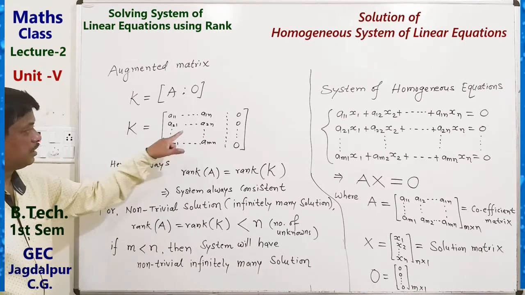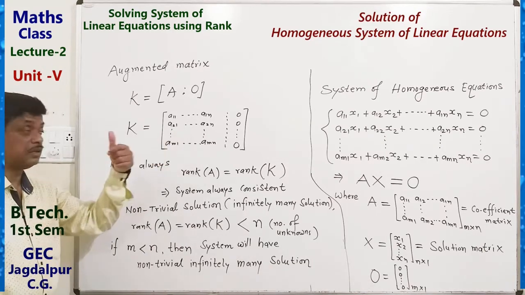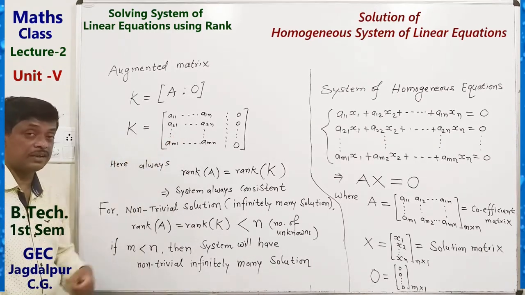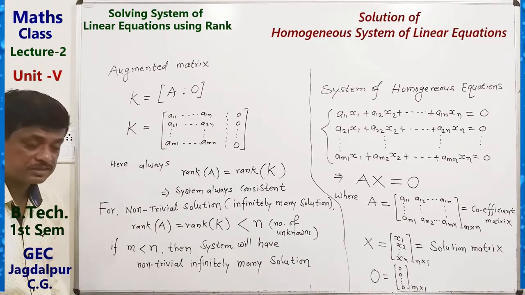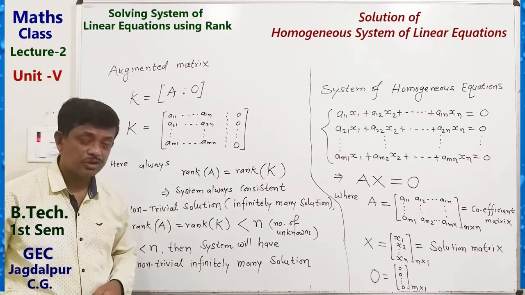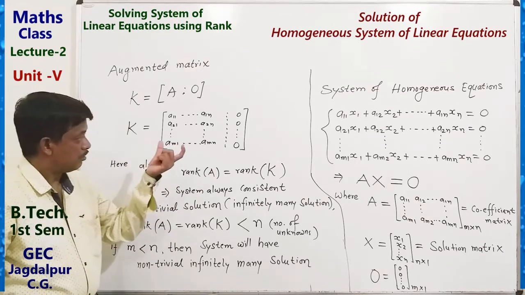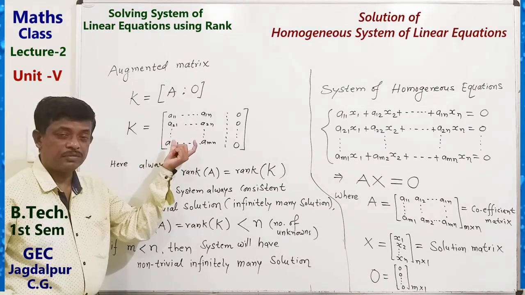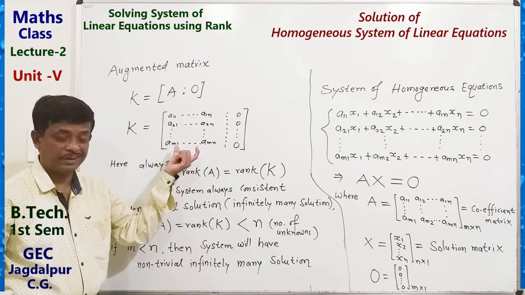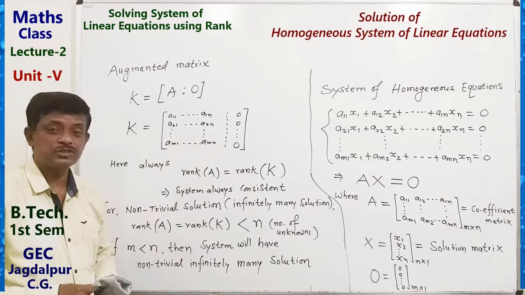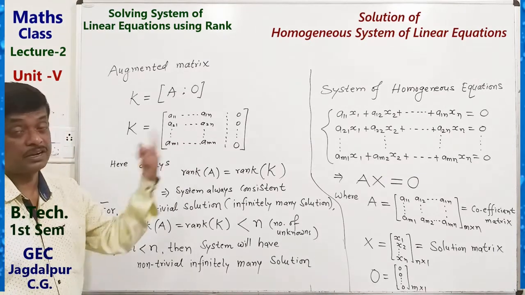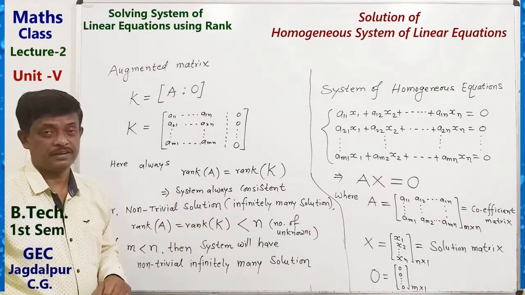If m equals n, then n by n is a square matrix, so the determinant of this nth order matrix should be equal to 0, because then the rank will be less than n.